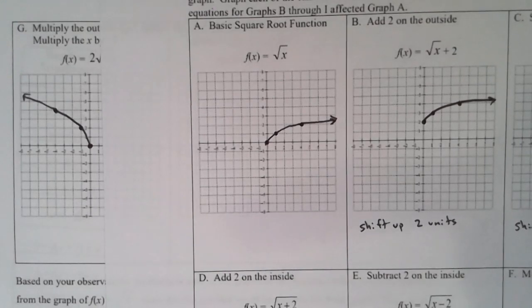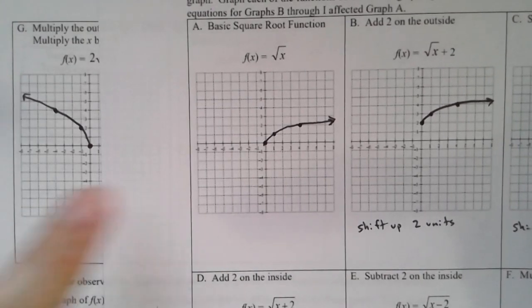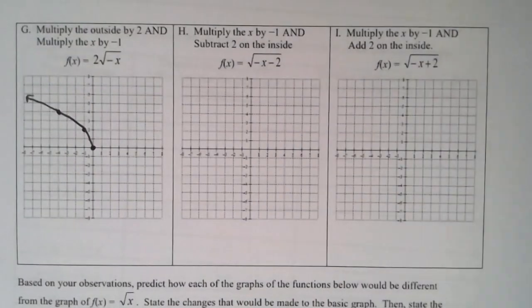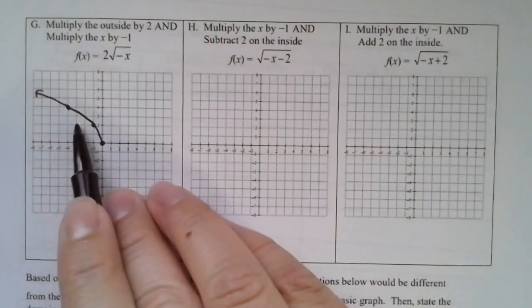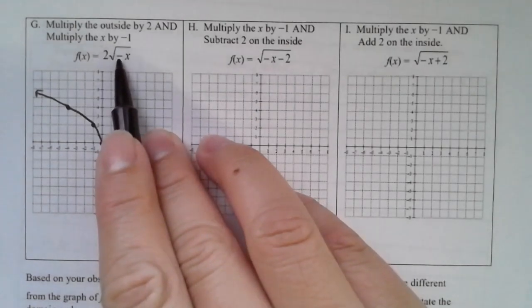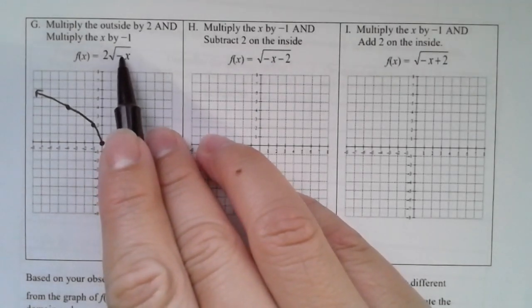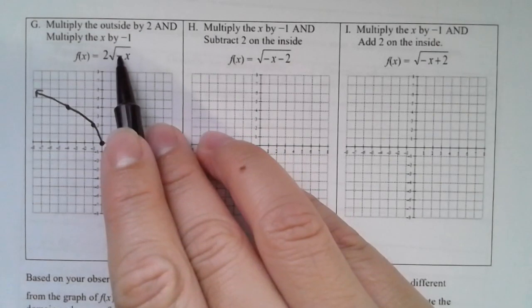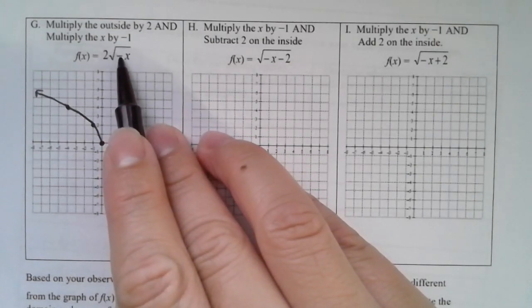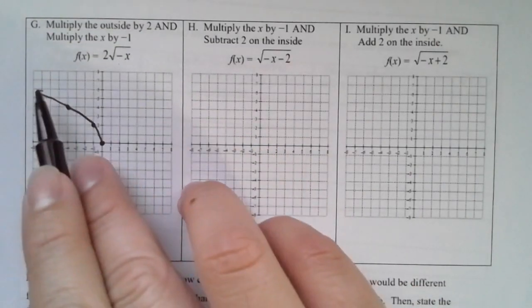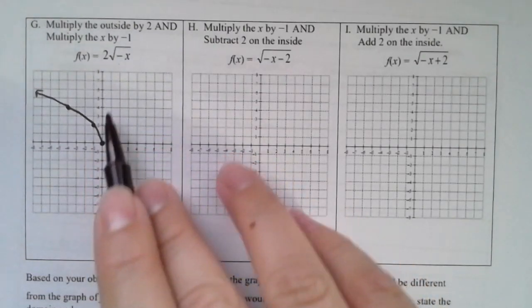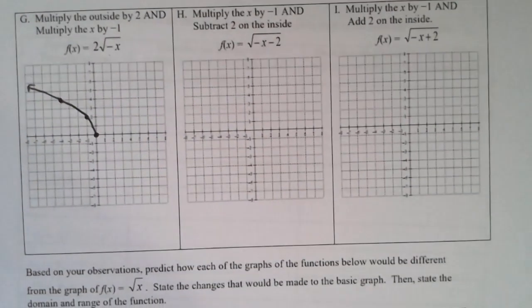Something else that happened here is instead of going to the right, and all of these on the first page are going to the right, this one is going to the left, okay? And that's what the negative here did. When you multiply the x by the negative 1, right here, instead you had a reflection across the y-axis. Okay, so that's something that's new.